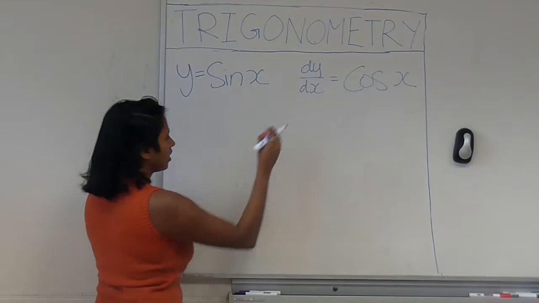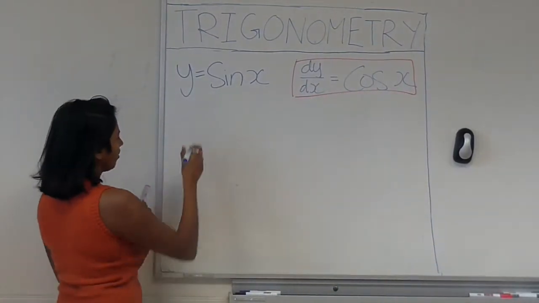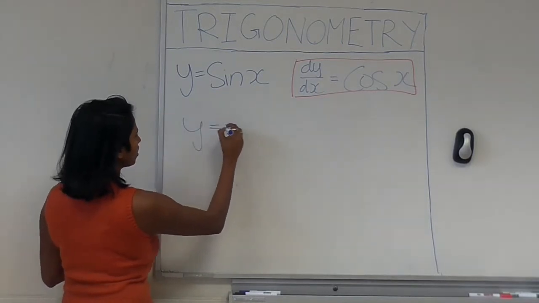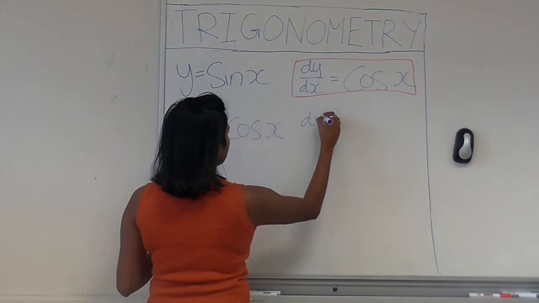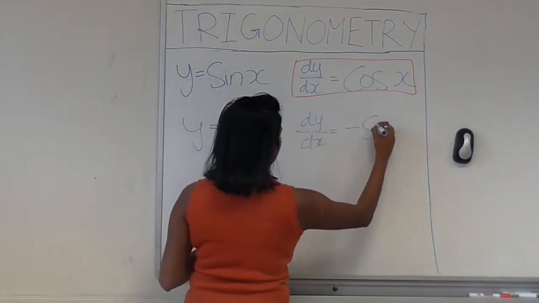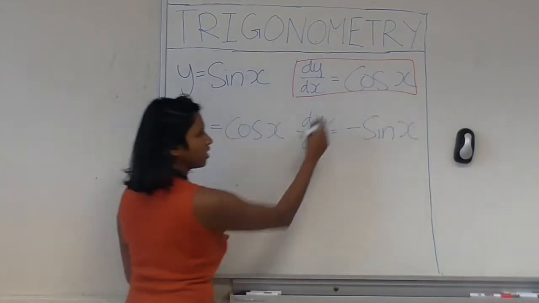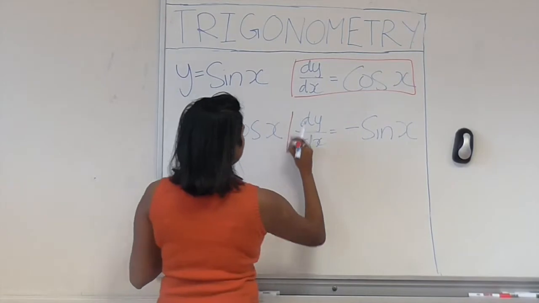And this is what you need to know. And then if you have y equals cos x, your derivative is going to be negative sine x. Don't forget the negatives because sometimes people forget, and that's important.